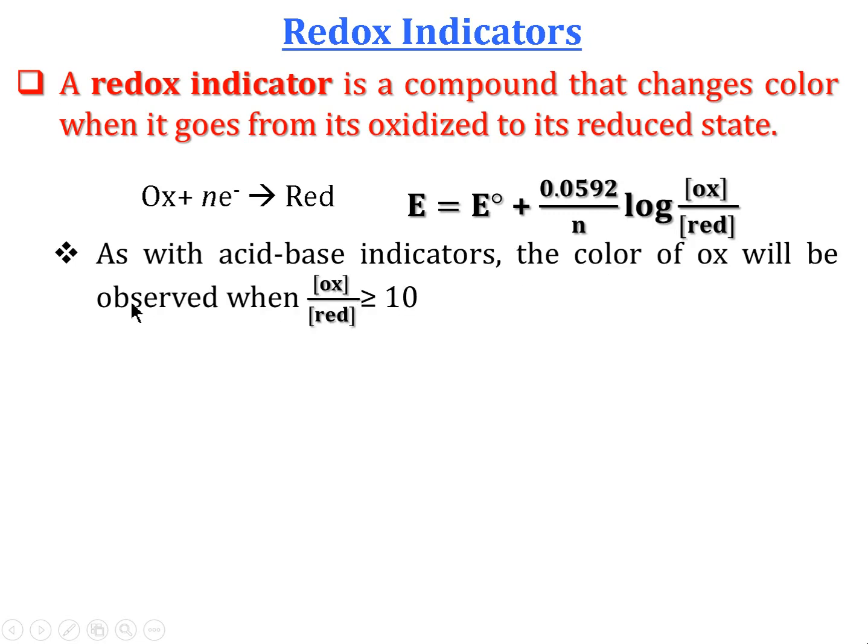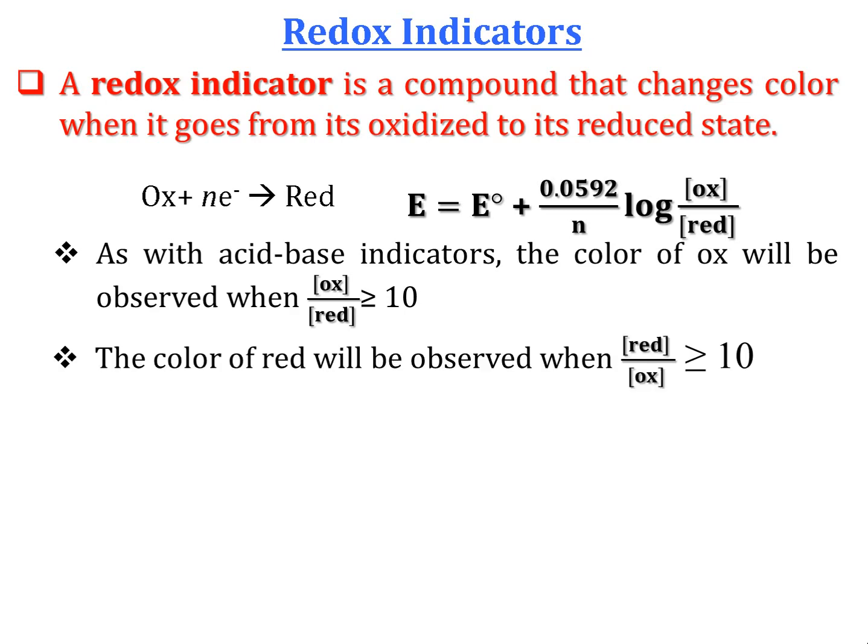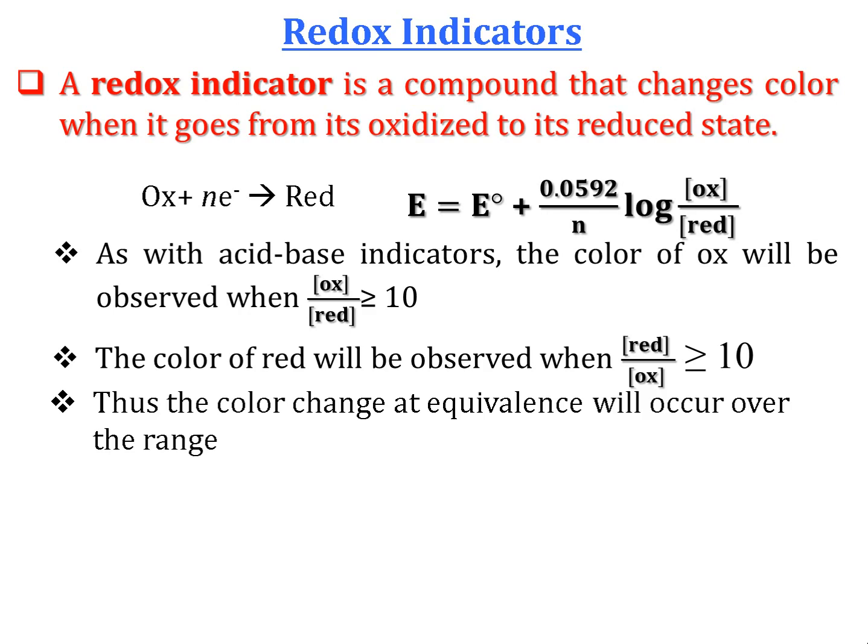As with the acid-base indicator, the color of Ox will be observed when the concentration of Ox is at least 10 times greater than that of Red, and the color of Red will be observed when the concentration of Red is greater than or equal to 10 times the concentration of Ox.